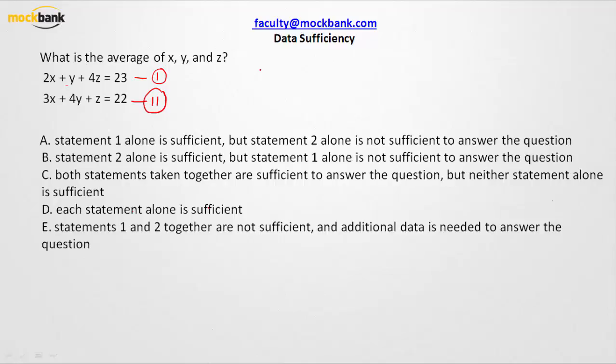Now, if I need to find out what is the average of x, y and z, what do I need to find out? I need to find out x plus y plus z over 3 is the average. And how do I get the sum?